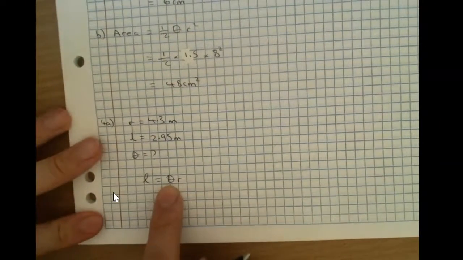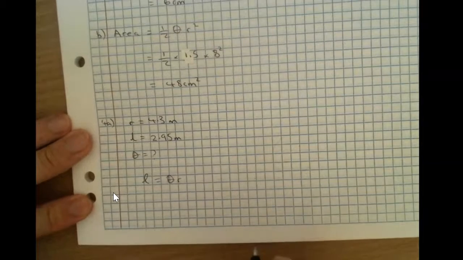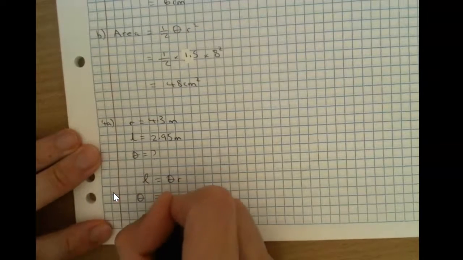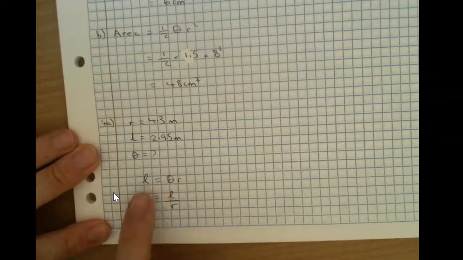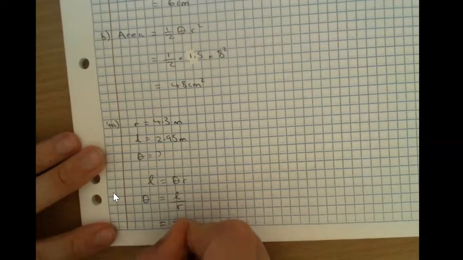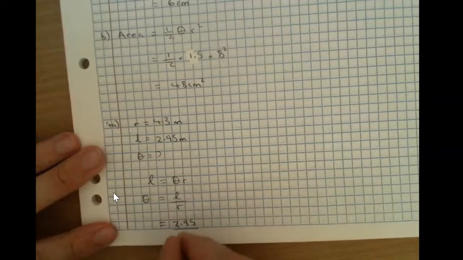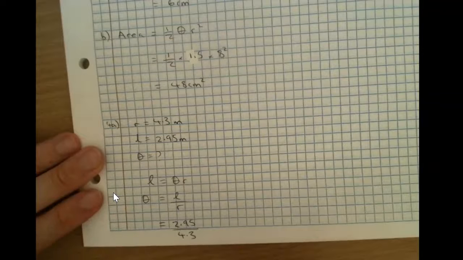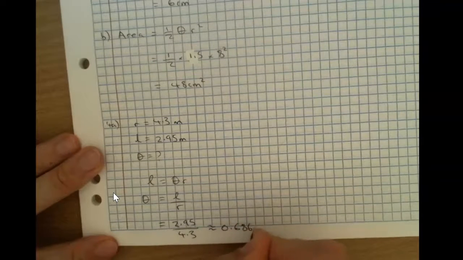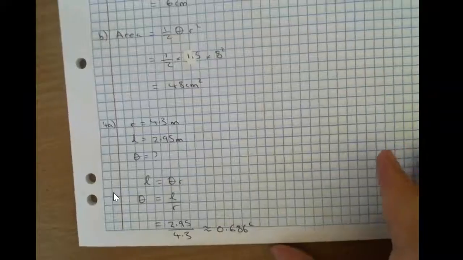Arc length is given by the angle times the length of the radius. So if I want to find theta, theta is going to be L over r. I divide both sides by r. And then I just substituted my values. So I've got 2.95 over 4.3. And that comes out to approximately 0.686 radians.